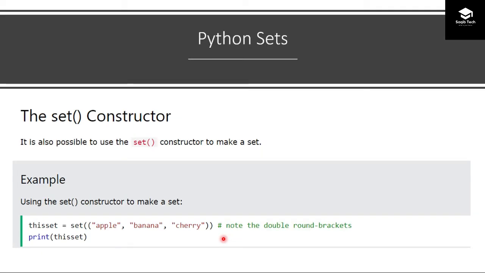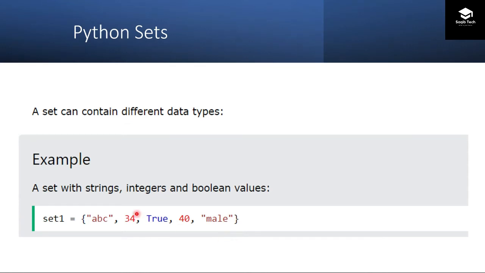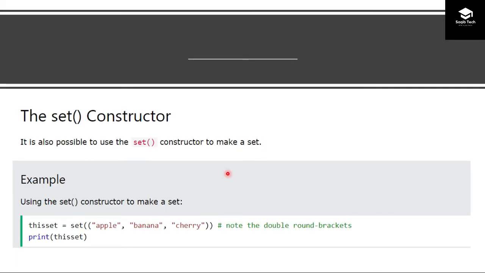Now look at what the set constructor means. One method to create a set is simple, using the brackets and writing values, and the second method is using the set constructor. We can use the set function to create a set. For example, I need to write the name of the set, then equal to, then the set function, and inside that function I write different values separated by commas.